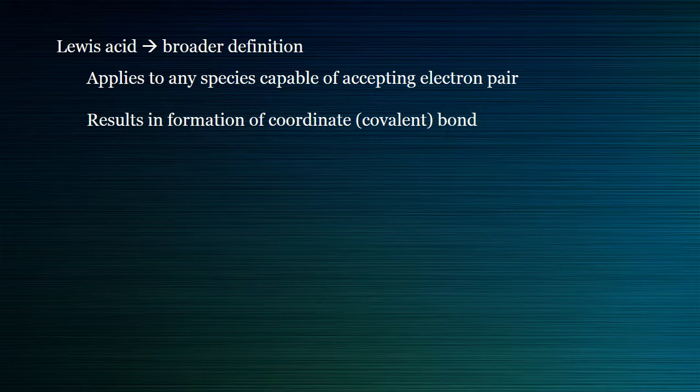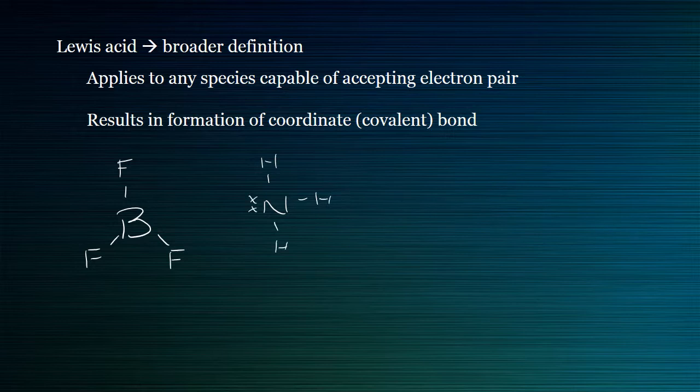What this looks like is for any compound that has an incomplete or empty valence shell, it has the capability of being filled, so it doesn't have the true octet. So boron, which is typically stable with 6 valence electrons, does have an incomplete valence shell, and that means it has the capability of accepting an electron pair.